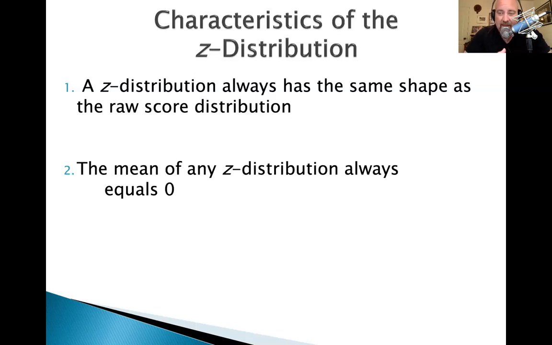Second, as I said before, with any z distribution, the mean is always equal to 0, because we're measuring everything in distance and standard deviation units. If you took a ruler along the x-axis of your bell curve, and maybe we're measuring things in inches, now just replace the inches with standard deviations.